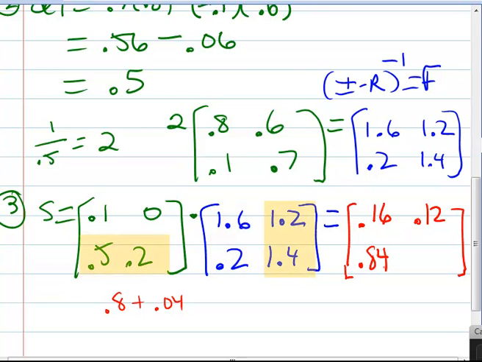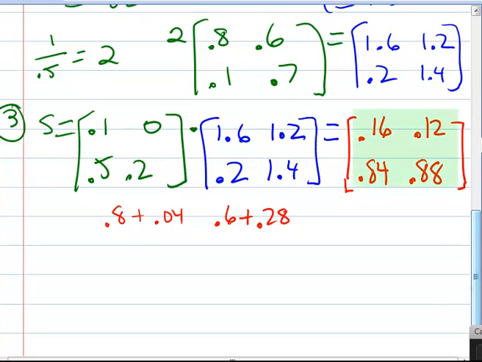And then I multiply 0.5 times 1.2, that's 0.6, plus 0.2 times 1.4 is 0.28, and that'll be 0.88. So this matrix right here is the one that I'm going to put right back up in the top corner.